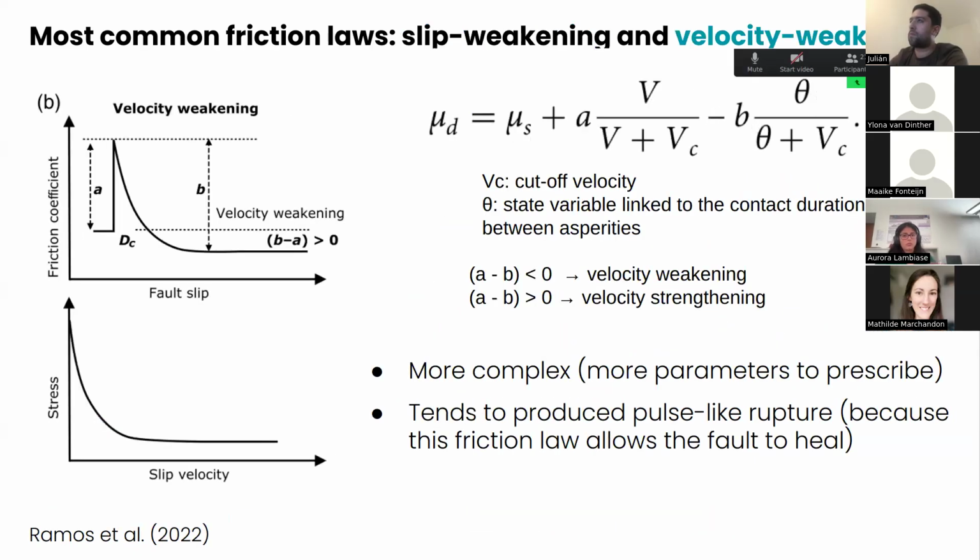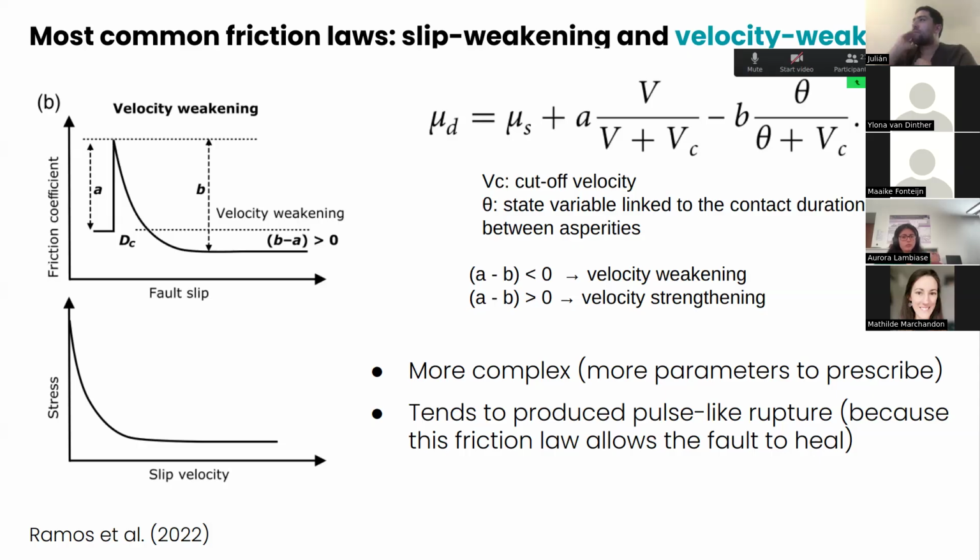In the velocity weakening friction law, the fault friction is inversely proportional to the slip rates. So in this law, the relative difference between the A and B parameters controls whether the fault is velocity weakening or velocity strengthening. When A minus B is negative, the fault is velocity weakening, meaning that the friction decreases as slip velocity increases.